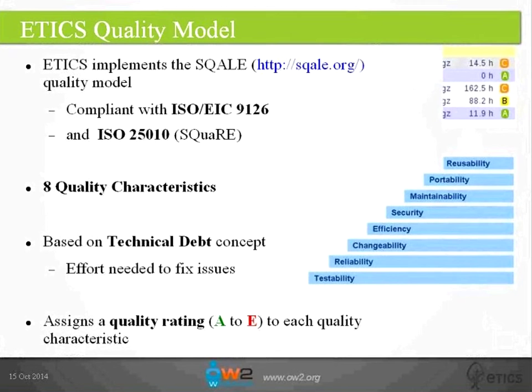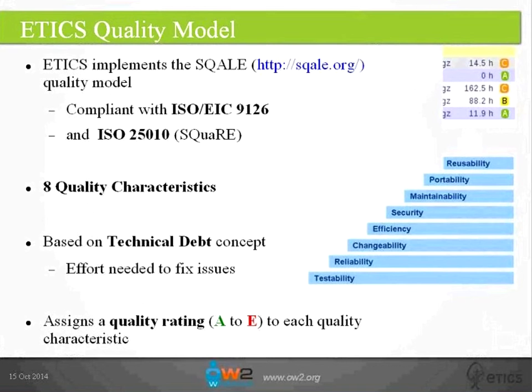And finally, we can also compute a quality rating that in this implementation goes from A, which is the best, to E, which is the worst in this scale. And the rating is based on the technical debt that we computed for the component and the size of the component.